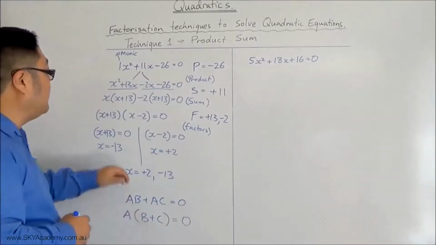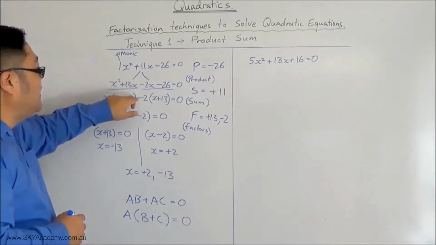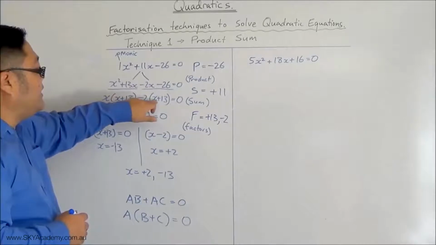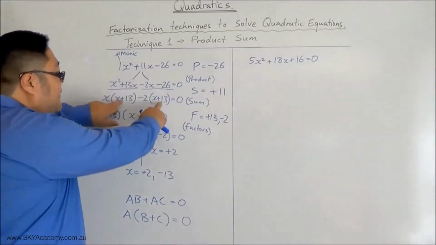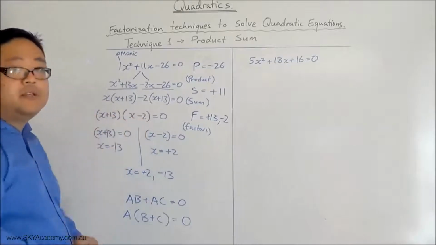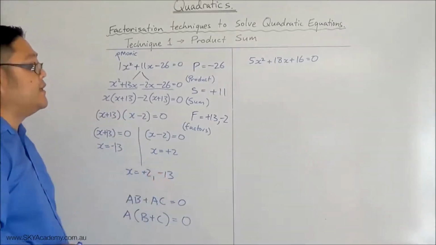That's what's happened here. We've taken x out of both of these to get x plus 13, and we've taken negative 2 out here to give x plus 13, and then we've taken x plus 13 out to give you x minus 2. So our answer is positive 2 and negative 13.